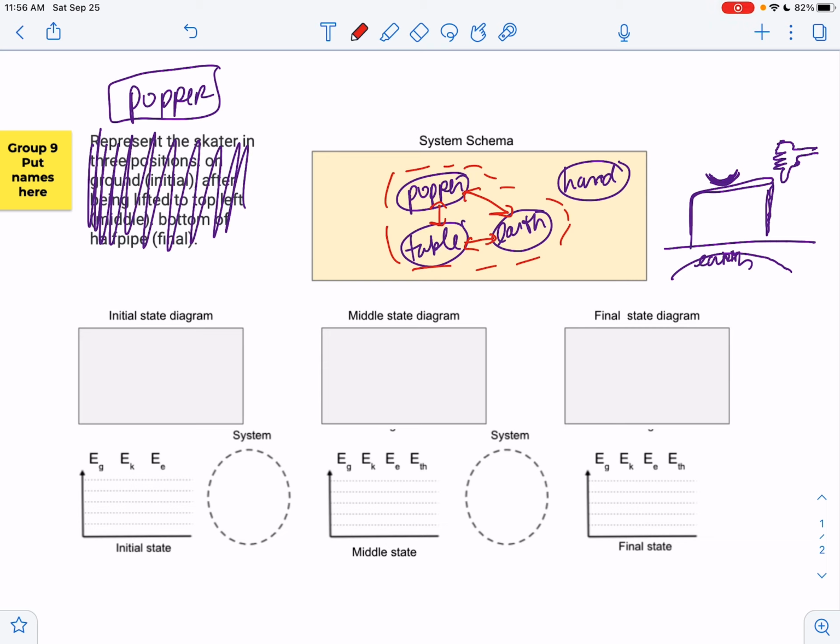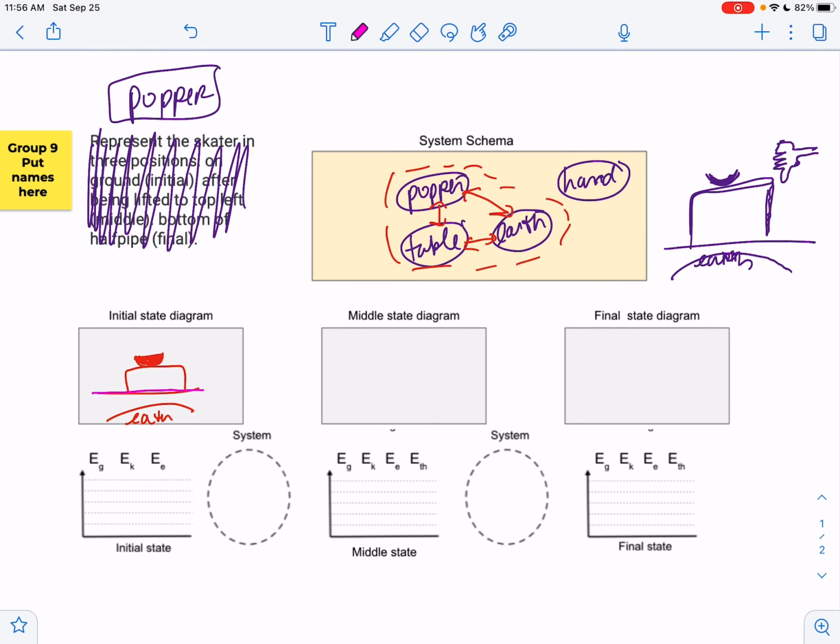All right, so if I want my first state diagram to be where the popper is unpopped, then I guess I'll draw it facing like this. The popper is just resting there. If the popper is just resting there, I can make the ground anywhere I want.